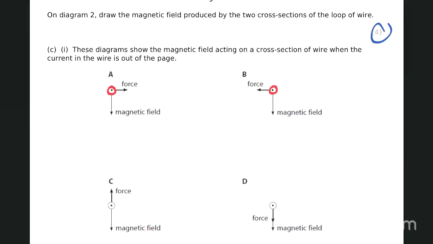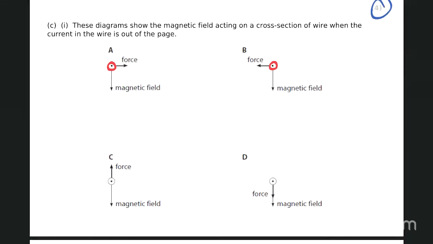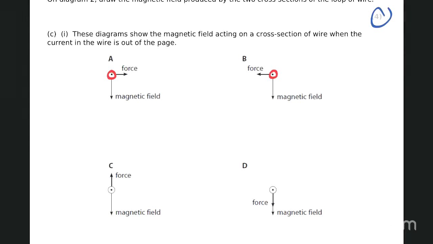In those 4 situations, you can see that the current is coming towards you, right? So in this setup, you can see force, magnetic field, and current. Current is pointing towards you, which means 3 factors are being considered. So if 3 factors are being considered, then we are going for Fleming's left-hand rule, right?